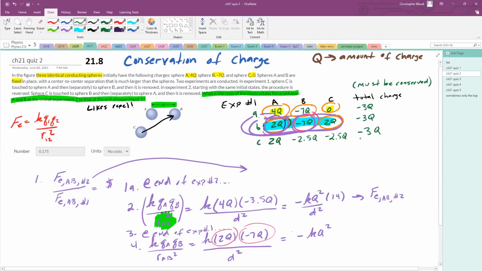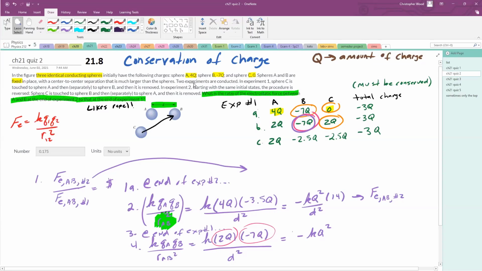All right, so this is my error corrected experiment number 1, thanks to Jordan. Let me get rid of some of this scratch here. That's updated.